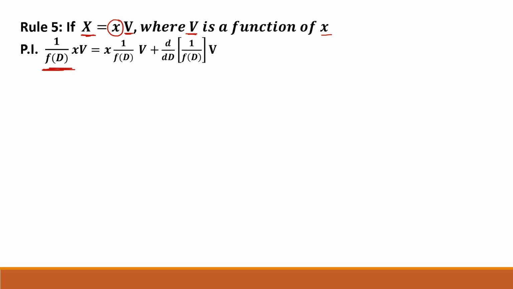One is when we shift this x to the other side, on the left hand side, and keep 1 over f of D as such, and proceed according to this function v. Plus, we differentiate 1 over f of D with respect to D, and whatever updated operator you get here will be proceeded according to this v, right?